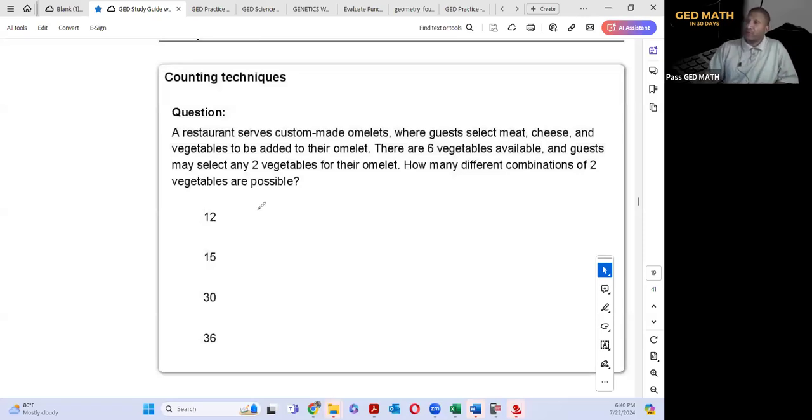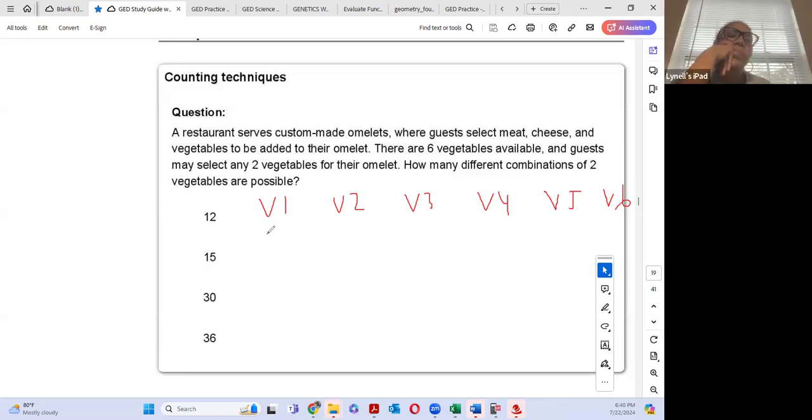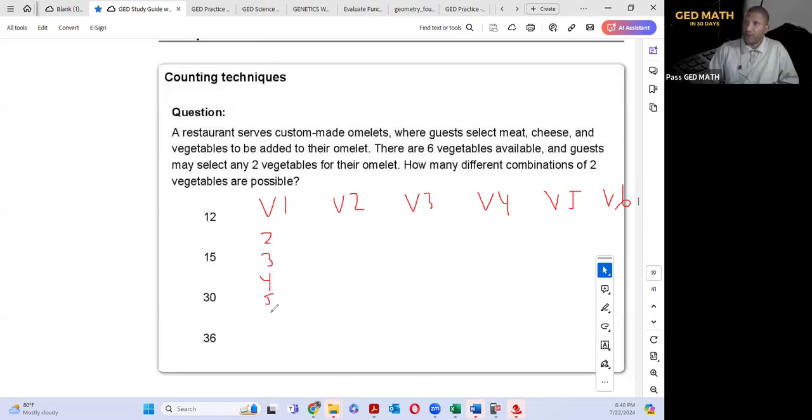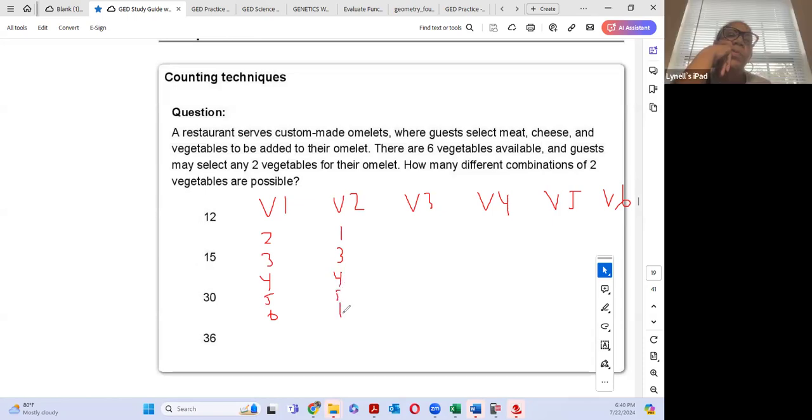So for example, you got vegetable 1, vegetable 2, vegetable 3, V4, V5, V6, right? If you pick vegetable 1, your second vegetable could be 2, 3, 4, 5, or 6. If you pick vegetable 2, your other vegetable could be 1, 3, 4, 5, 6.